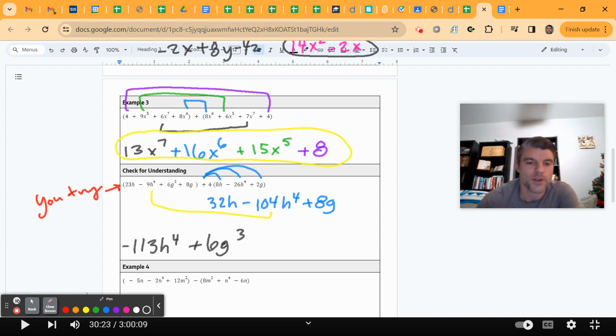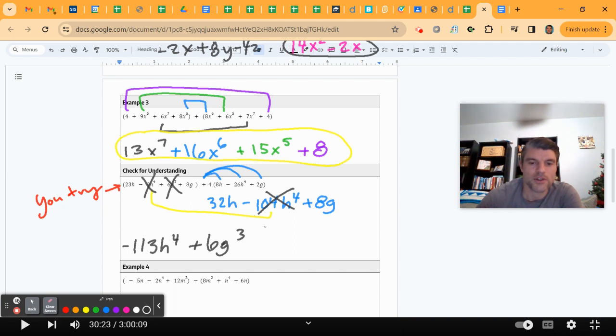All right, so for this one, you have h to the fourth power. So after you combine them, if you want to cross them out, it makes it a little bit easier. We have g to the third power, which there's only one term with g to the third power. There's nothing with any exponent of 2.